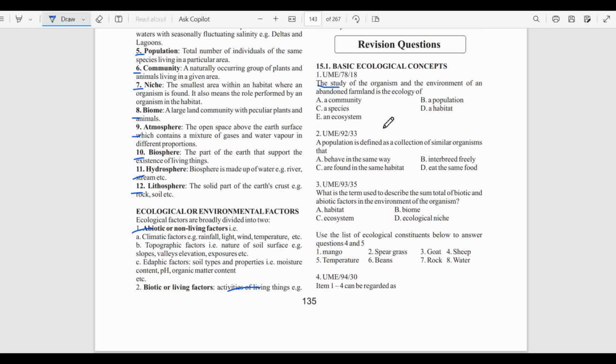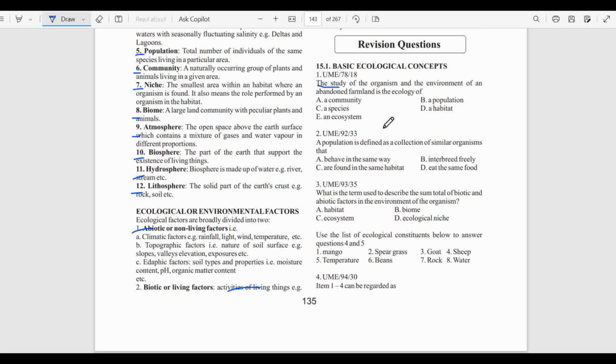Of course, the word community means naturally occurring group of plants or animals living in an area. Okay, the question says the study of the organism and the environment of an abandoned farmland is the ecology of.